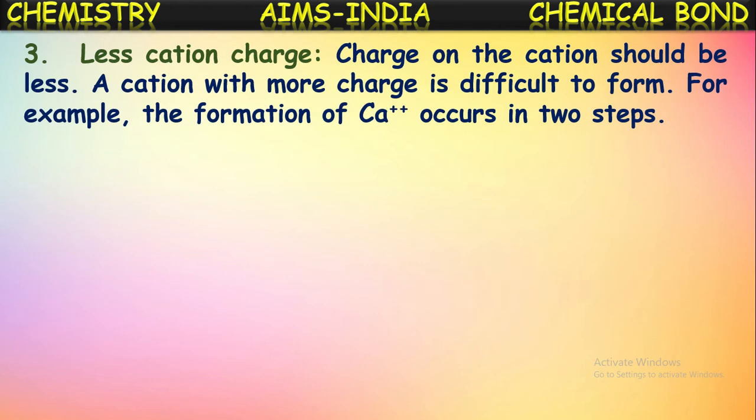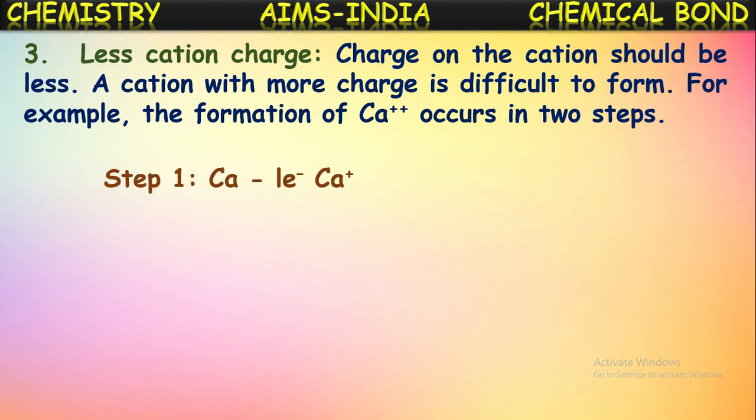Next property is less cation charge. The charge on the cation should be less. A cation with more charge is more difficult to form. For example, the formation of Ca2+, the cation of calcium, occurs in two steps.